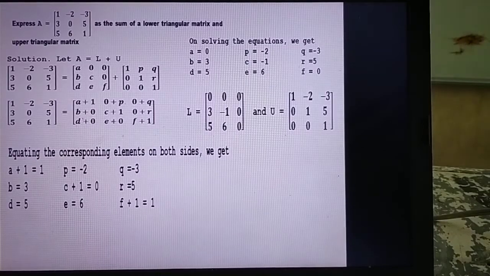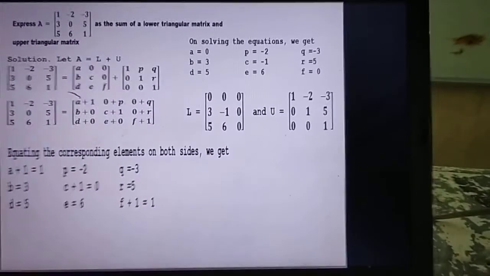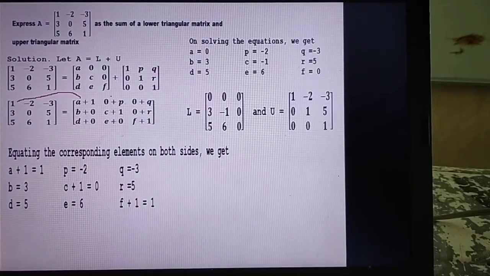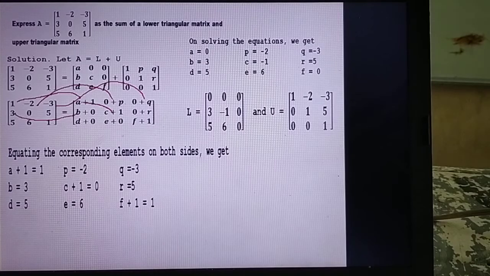Then all these elements will be equated to this element, which is 1, and this one to -2, this to -3, this to 3, and this element to 0, this element to 5, and so on.